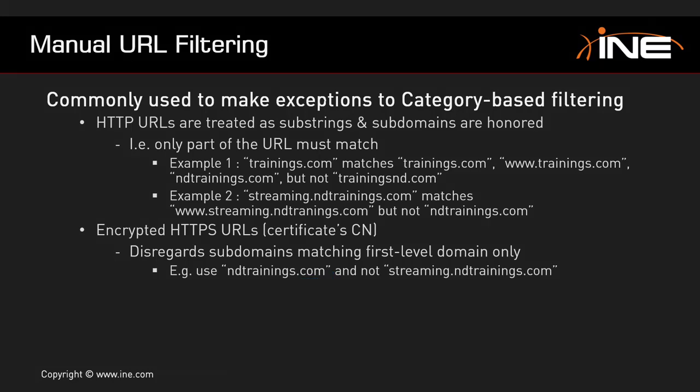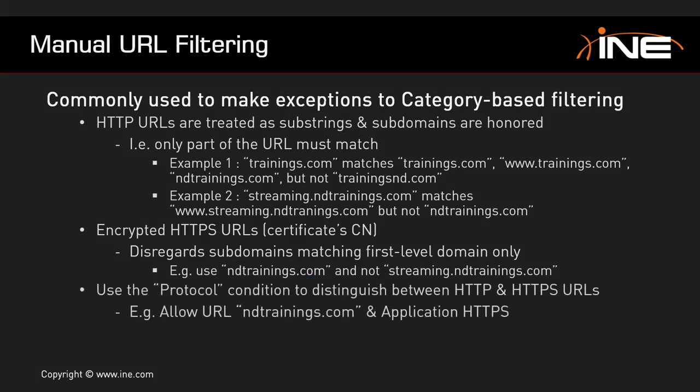Now, since in both cases we don't actually specify the protocol, we just specify a domain or entire FQDN without HTTP or HTTPS, the way that you will distinguish between HTTP and HTTPS communication in the policy is going to be by including the protocol as your condition.